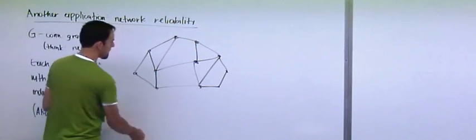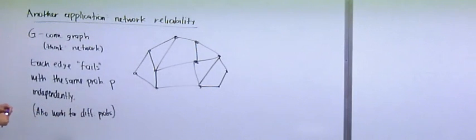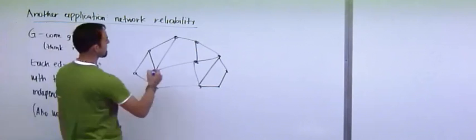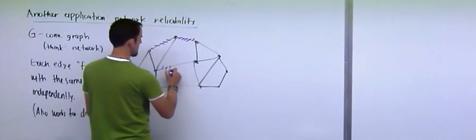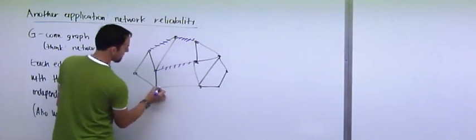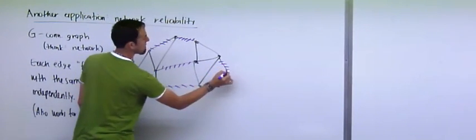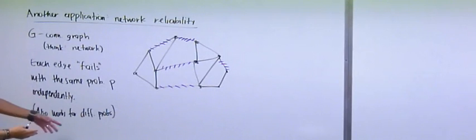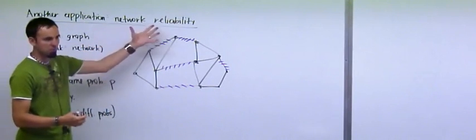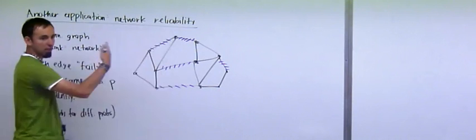So that's what happens. Maybe this edge broke down, this one, and this one, and this one. Now the question you're going to ask yourself is: is this network reliable? Am I still connected?